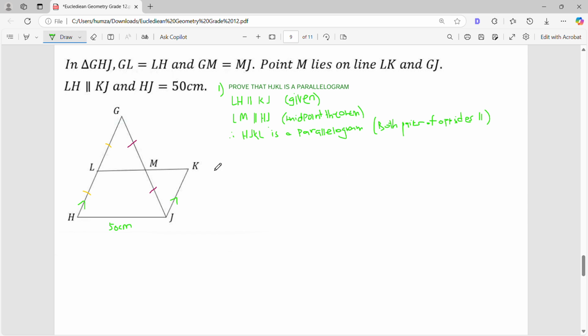Now question number 2 can be: determine the length of LM.